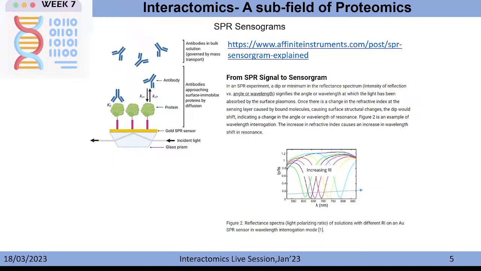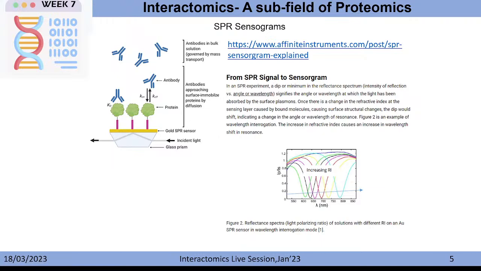That protein is termed the ligand, and the antibody is the analyte, to find out how much interaction there is between the antibodies and the proteins. Antibodies in bulk solution approach the surface proteins by diffusion.